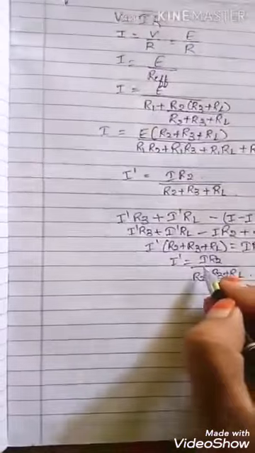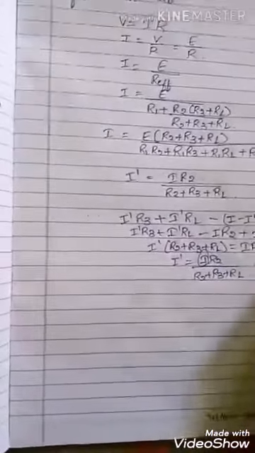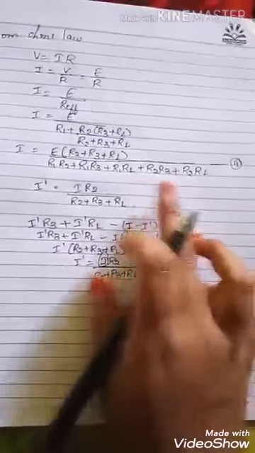Now substitute the value of I. We know from equation 4, this is equation 5. We know from equation 4 the I value, so we'll substitute in equation 5.